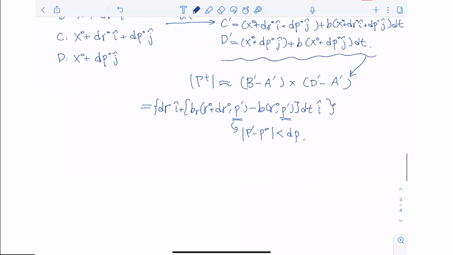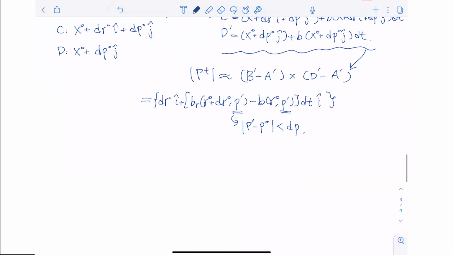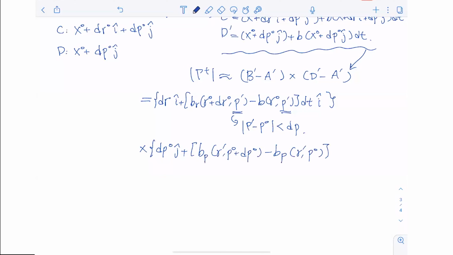And this is just one projection along the r direction, but you also need another projection, which is dp naught along the j direction. Okay.